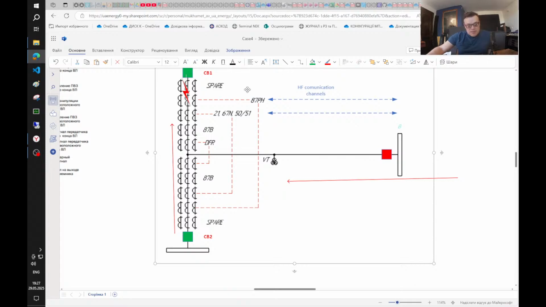And as I said, we have communication channels, and these instantaneous overcurrent protections initiate a signal to be sent to the opposite end. It means a trip with AR start.